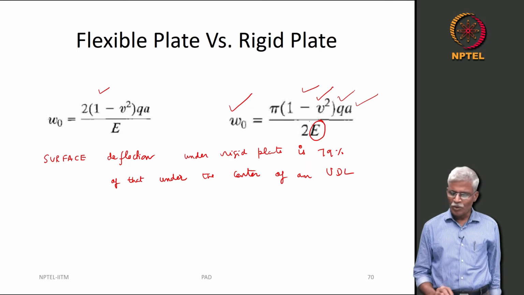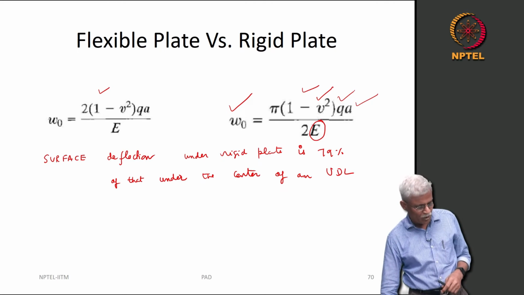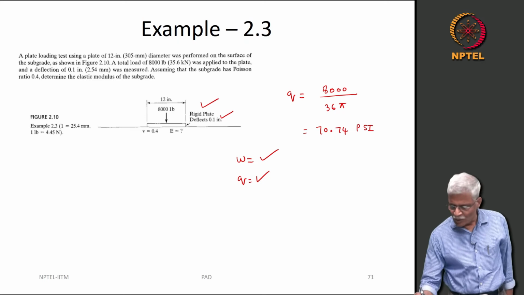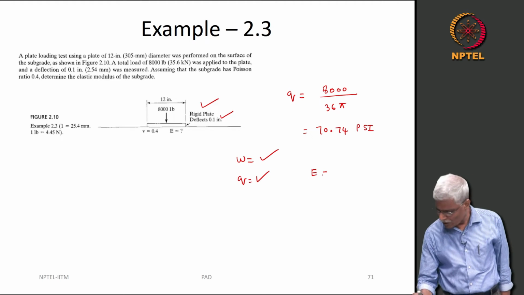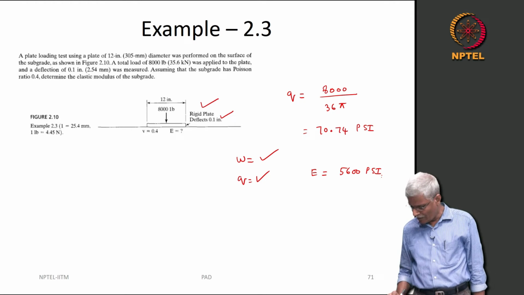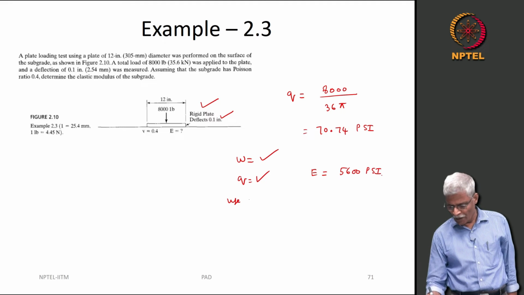All you need to do is use this formula and compute E. When you use the above formula, you are going to get something like 5600 pi. I am giving the reference to the equation.